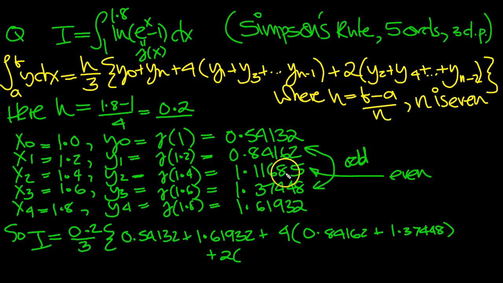So here is the even one, 2 times that number, 1.11685. So that's that, and then we close the brace.